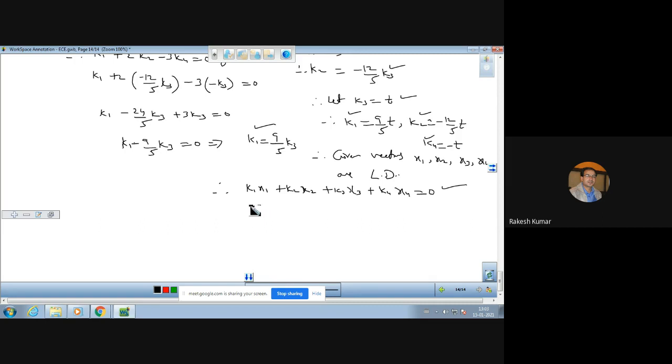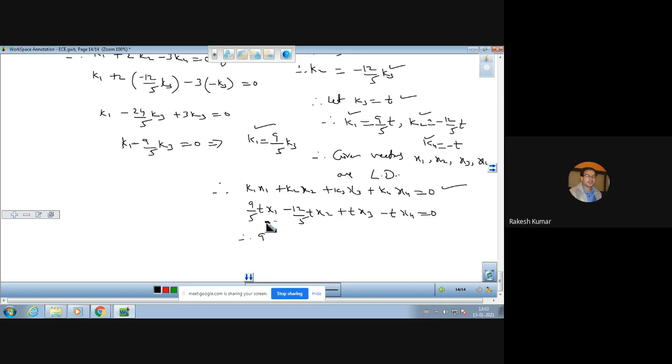This was your matrix equation. In the matrix equation you can substitute the values: 9 by 5 t x1 minus 12 by 5 t x2 plus t x3 and k4 is minus t x4 is equal to 0.